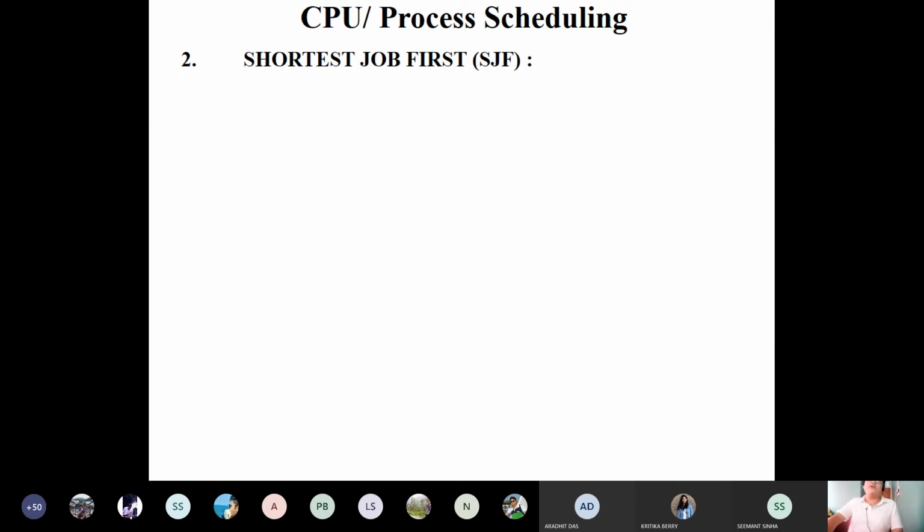Now another strategy we discussed in our earlier session is shortest job first. Out of these four jobs, whichever job uses the minimal CPU time is given the first chance to execute.